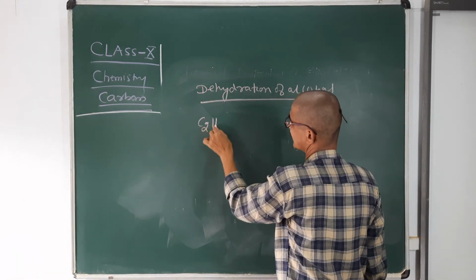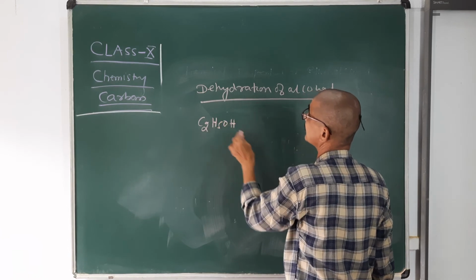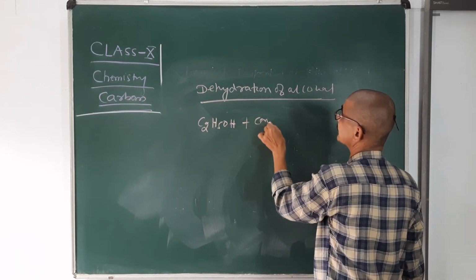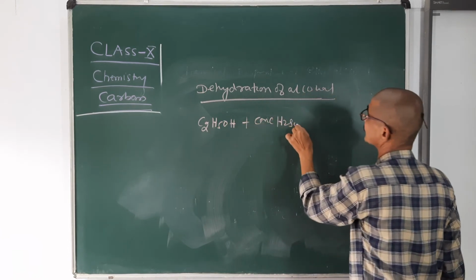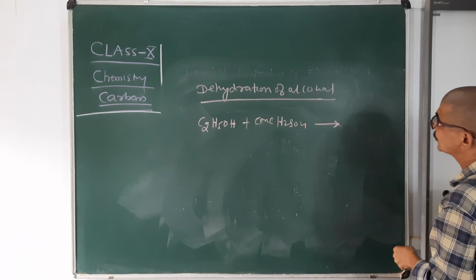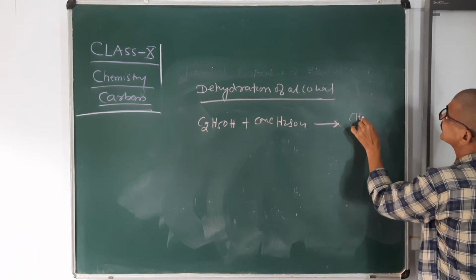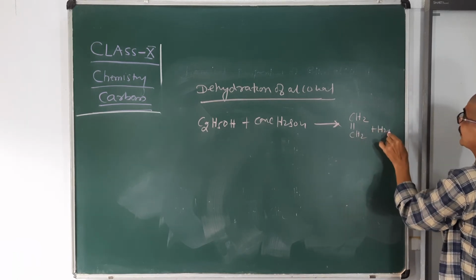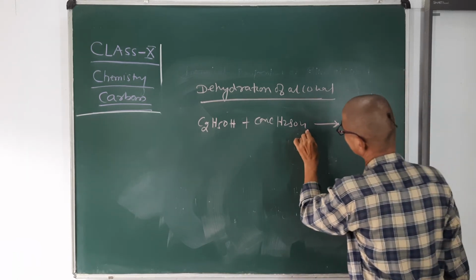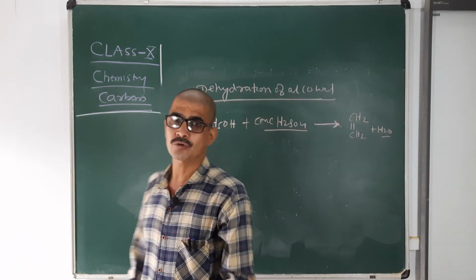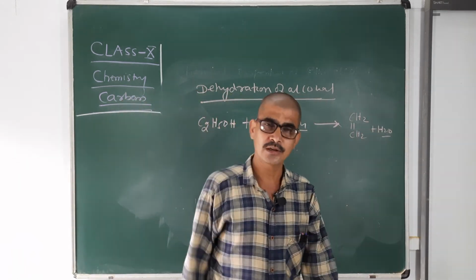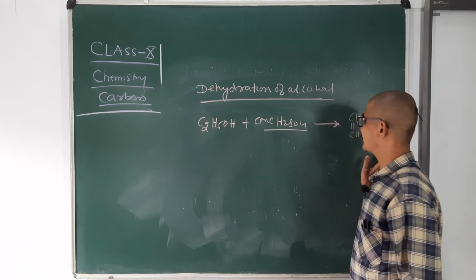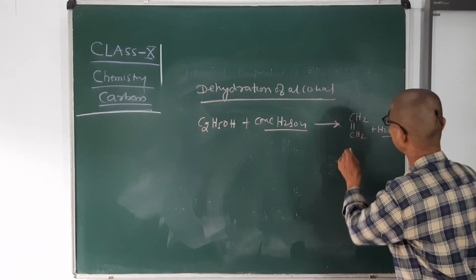When ethyl alcohol reacts with concentrated sulfuric acid, it forms ethene and water. Actually, the water is absorbed by concentrated sulfuric acid, because one molecule of water present in ethyl alcohol is absorbed by concentrated sulfuric acid to form ethene.